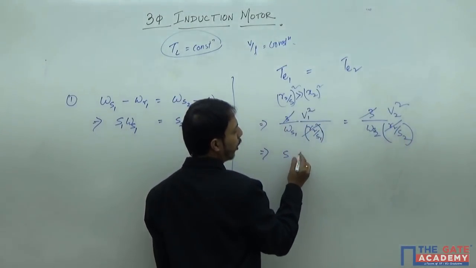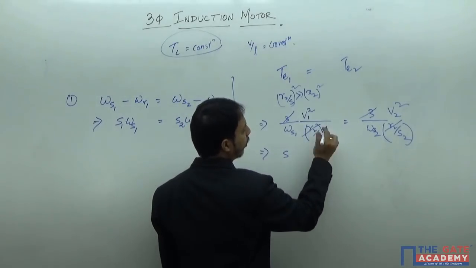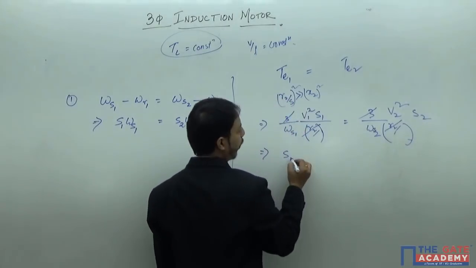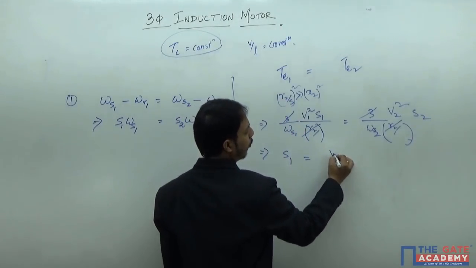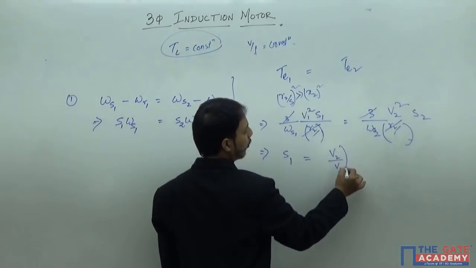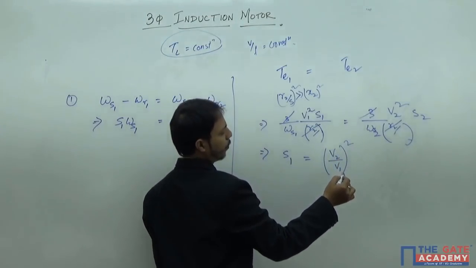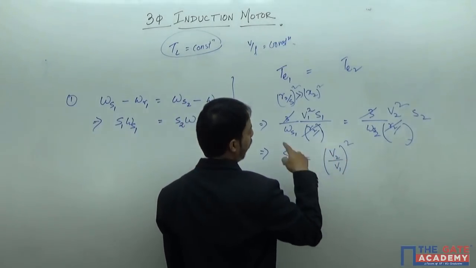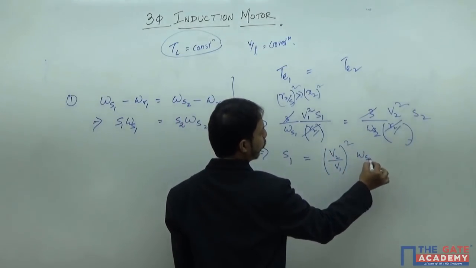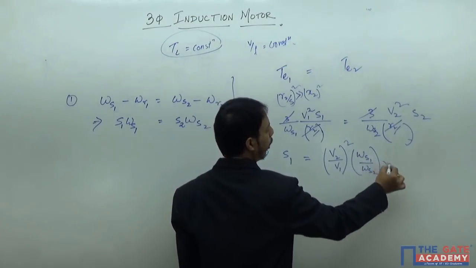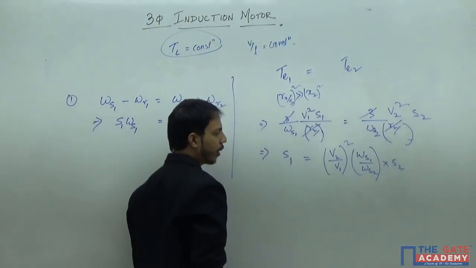So S1 will go to the denominator, S2 I can write it here. So S1 is equal to V2 by V1 whole square into omega S1 by omega S2 into S2. So this is what I can write.